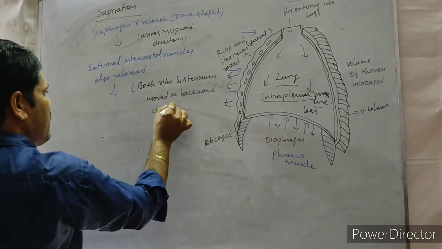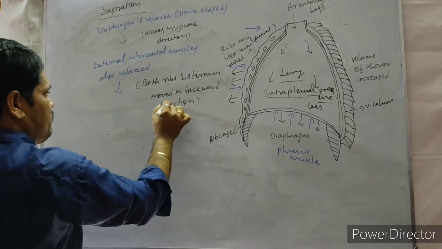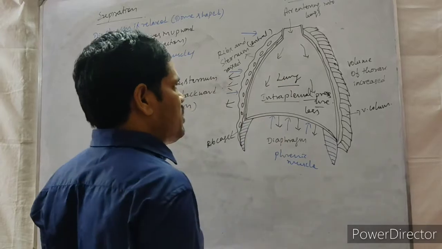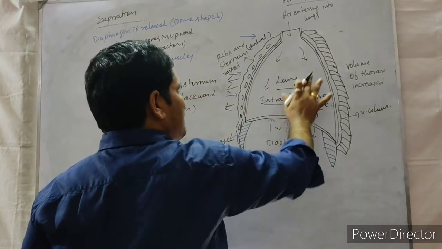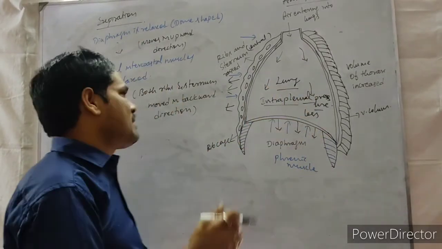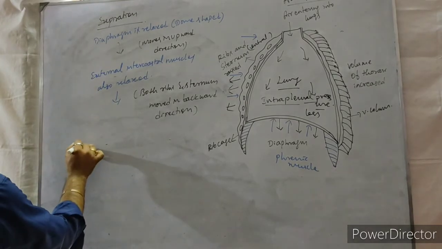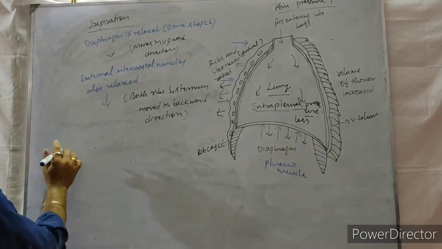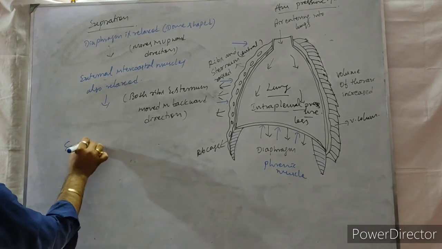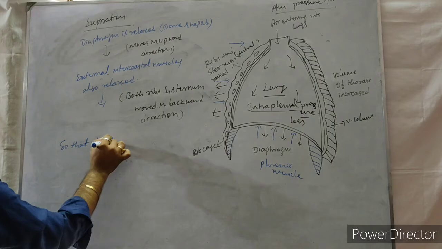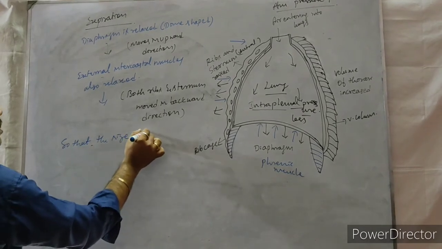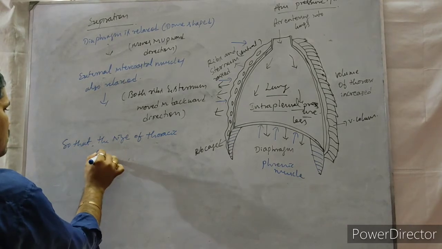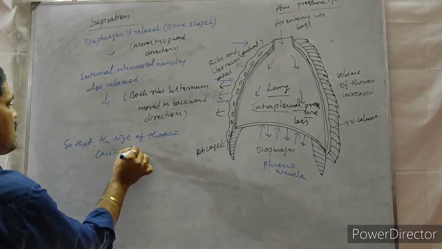That means they come back into the original position. Whenever they come back into the original position, the thoracic cavity size decreases.